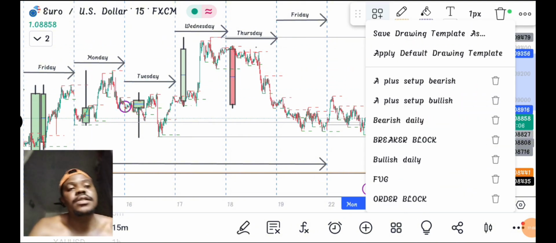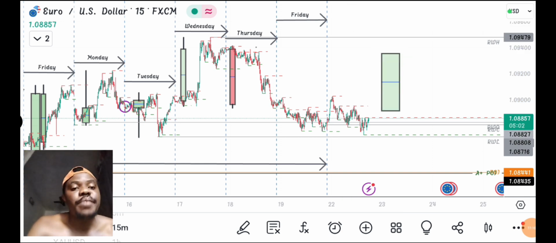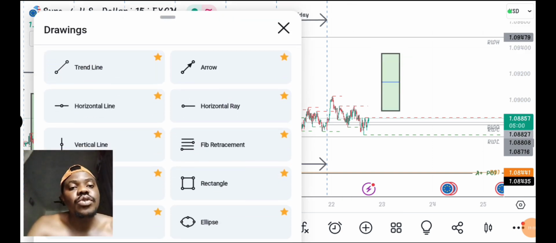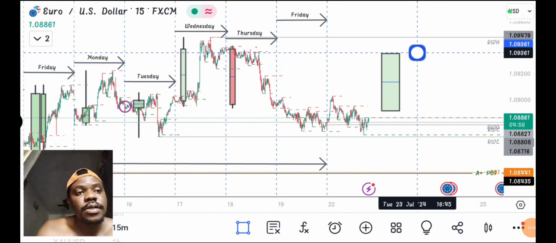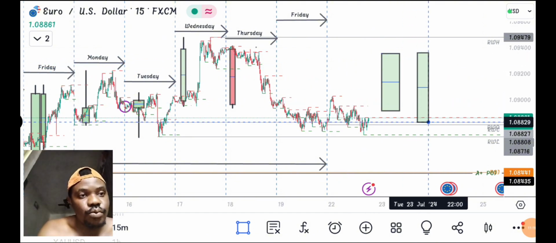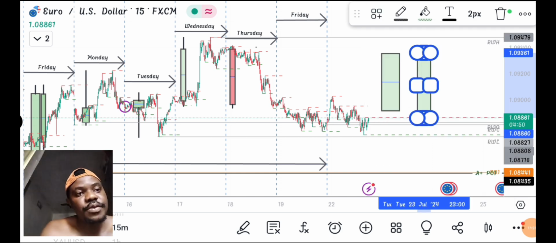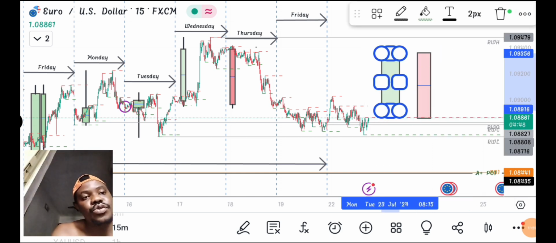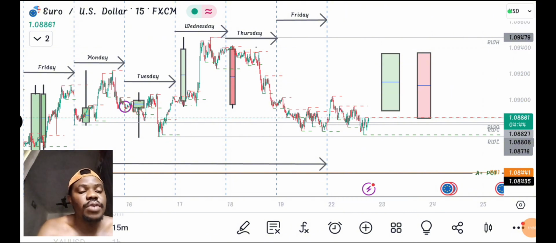Something like this. But a bearish candlestick always opens from up and closes below. We'll name that a bearish candlestick. So these are the two major types of candlestick we have on our chart, guys. We have so many types of candlestick, but these are the two major types.